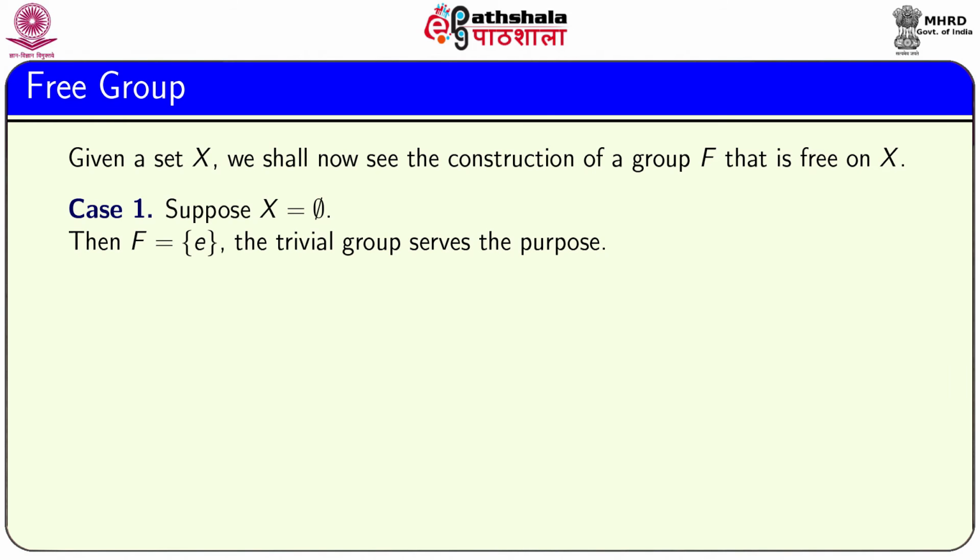Given a set X, we shall now see the construction of a group F that is free on X. Case 1: if we take X as the empty set, then the trivial group consisting of only the identity element serves our purpose.